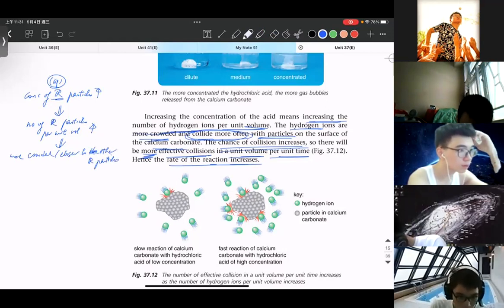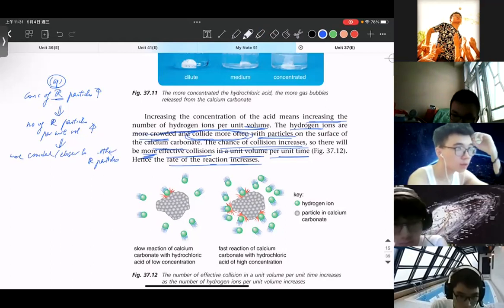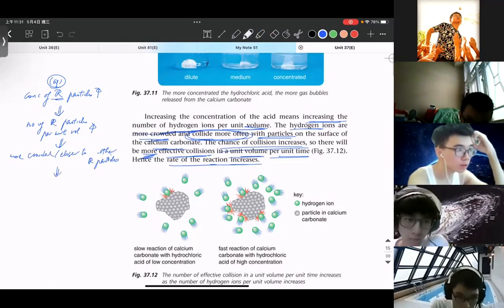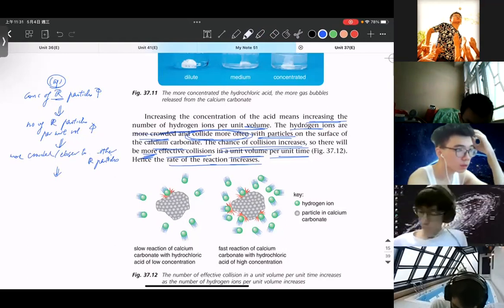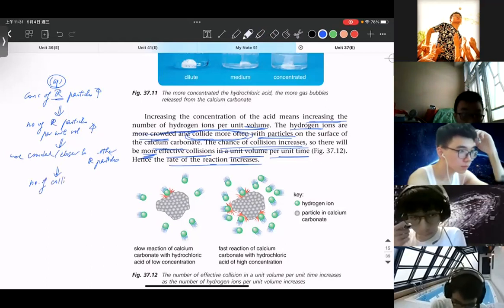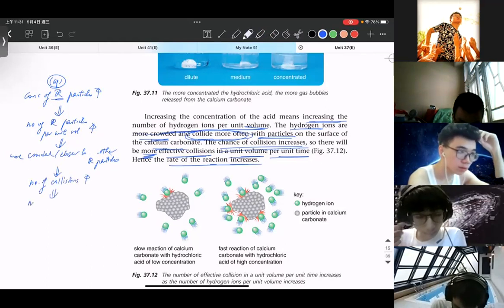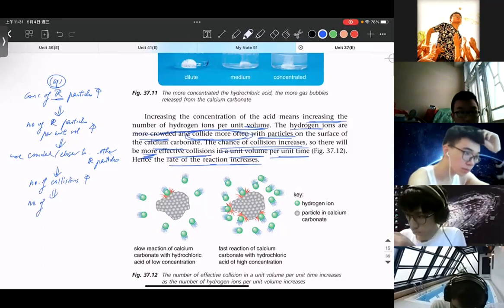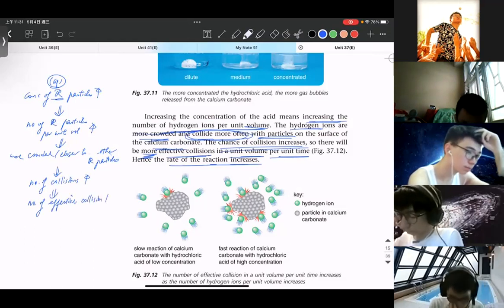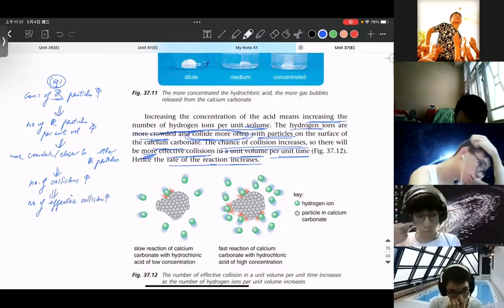Can you get the point? So, that would affect the number of collisions, which increases. It will also affect the number of effective collisions, which increases.